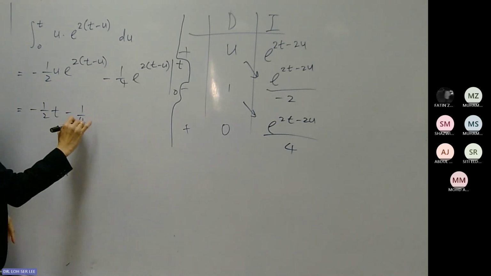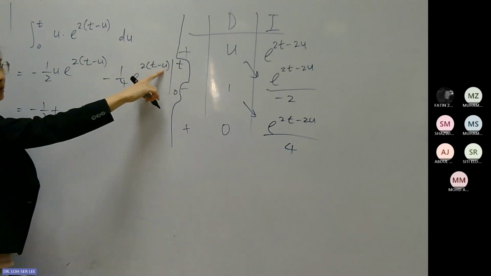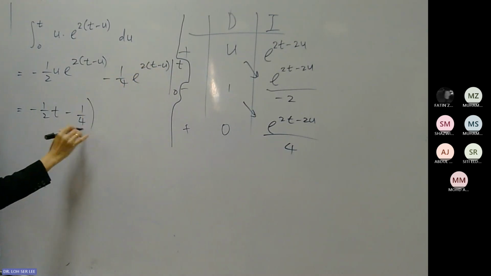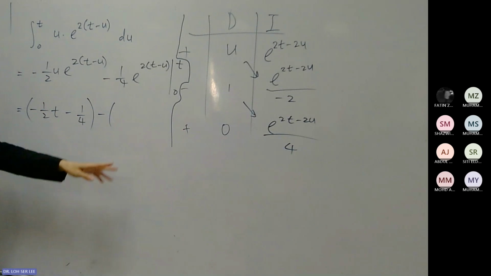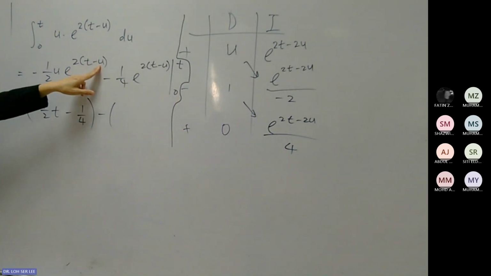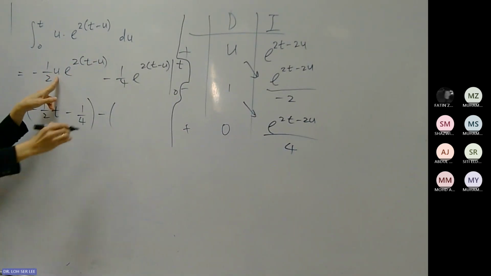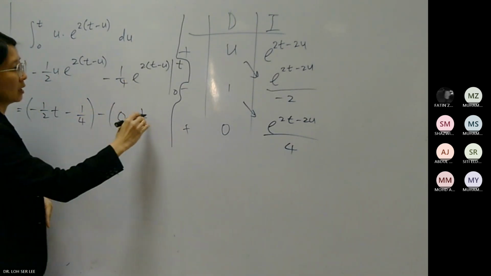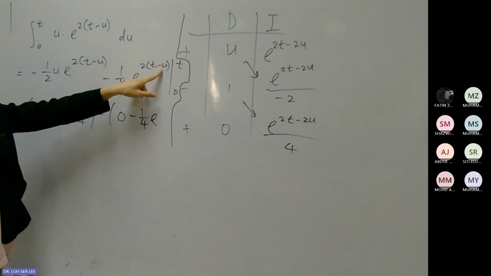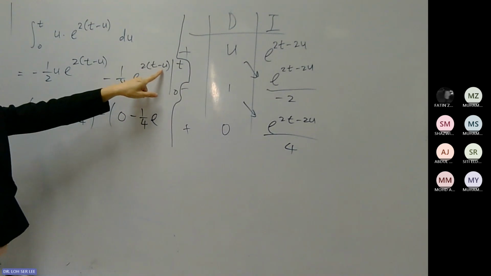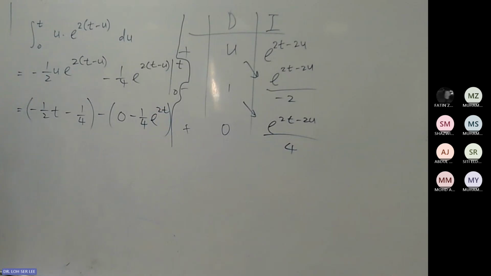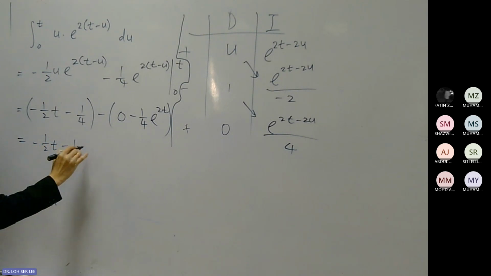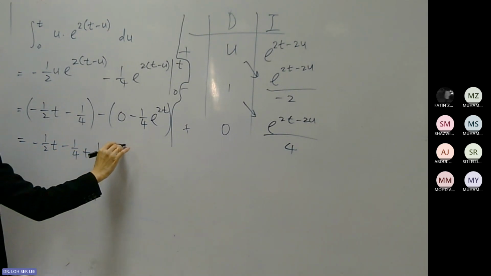Then minus 1/4, here also the same, t minus t is 0, e^0 is 1. Minus the substitution of 0 into u: when u is 0, you get 0, and here you have minus 1/4 e^(2t). So what do you have? You have -3/2 t minus 1/4 plus 1/4 e^(2t).